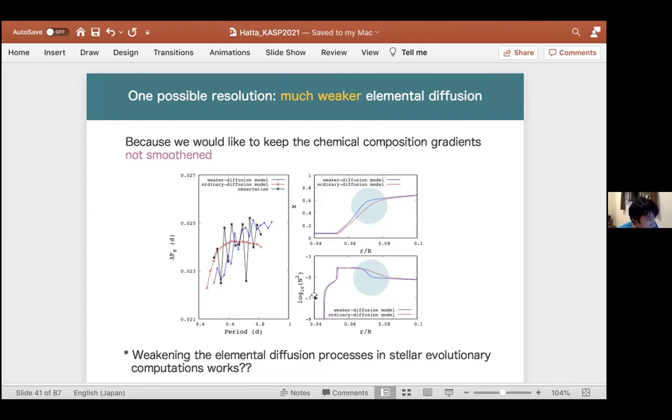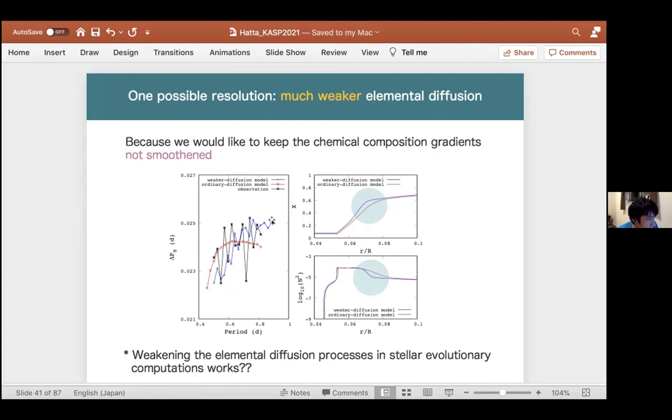Here is a comparison of the ordinary diffusion model, represented by red, and the much bigger diffusion model, represented by blue. As we see, the chemical composition gradient is much steeper in the case of the blue line compared with the red one, and so is the Brunt-Väisälä frequency.